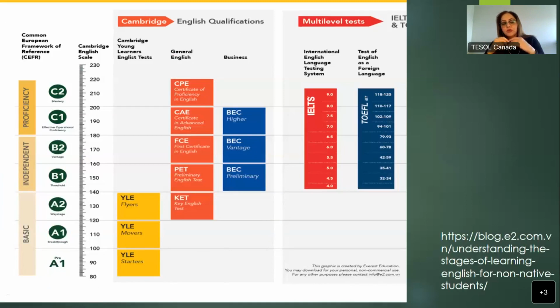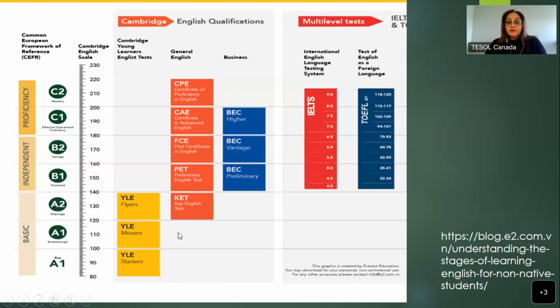B1, B2, it's a time that your learners are independent. They can go and talk in a society or in an English language community. It's like intermediate, upper intermediate. But when they get to C1, C2, it's a proficiency level, which is advanced, and C2 like CPE level. So they talk like native speakers.